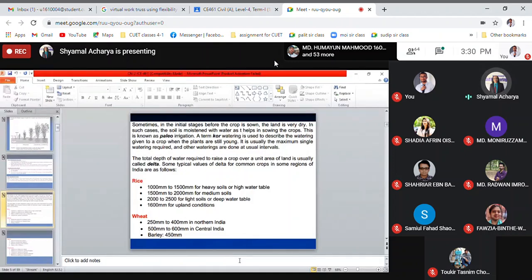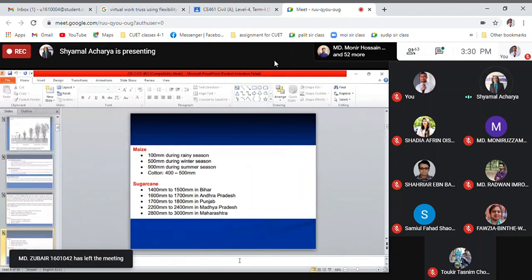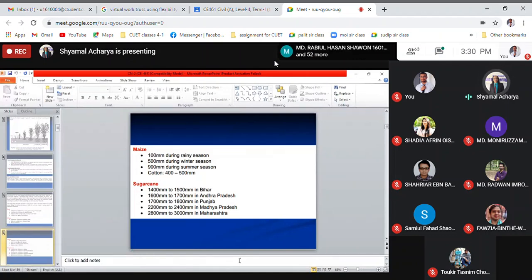And this is for upland conditions; wheat requires very little compared to rice. It also shows northern India and central India. For maize, rainy season, winter season, and summer season, the water requirement is also different.